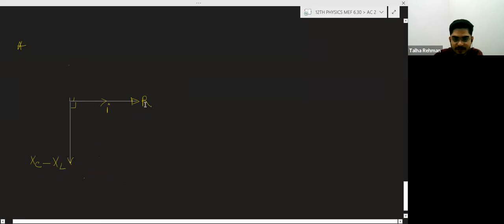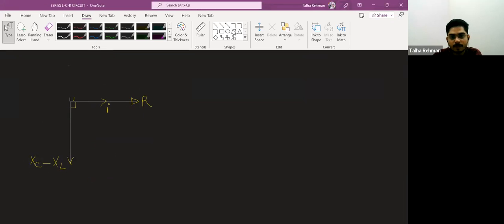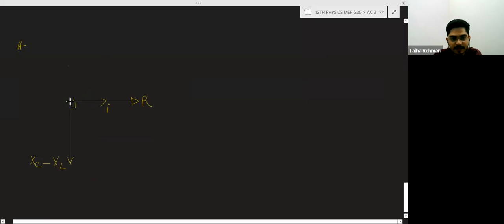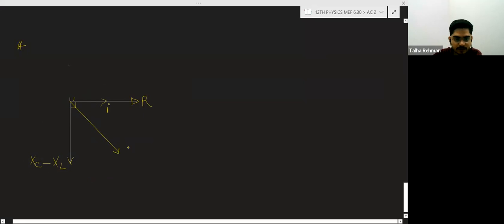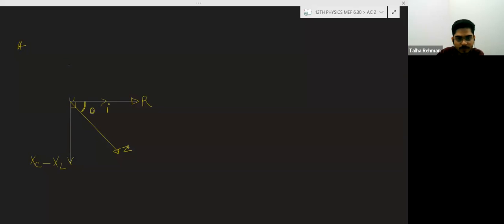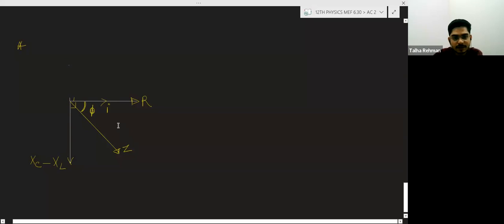This is the resultant reactance, and this is resistance. So this will be the resultant impedance, that is Z, and this is making an angle phi. What is phi? Phi is the phase difference between the current and the voltage, okay.